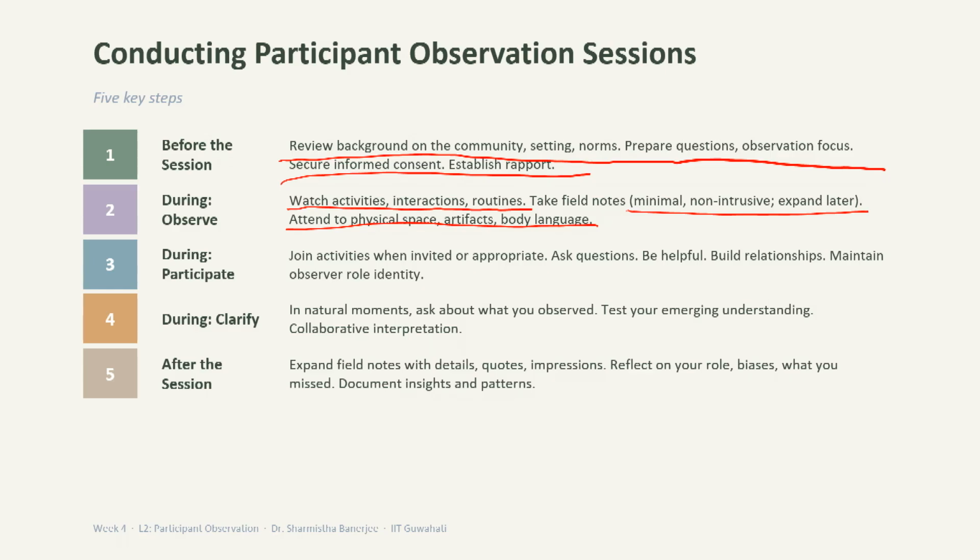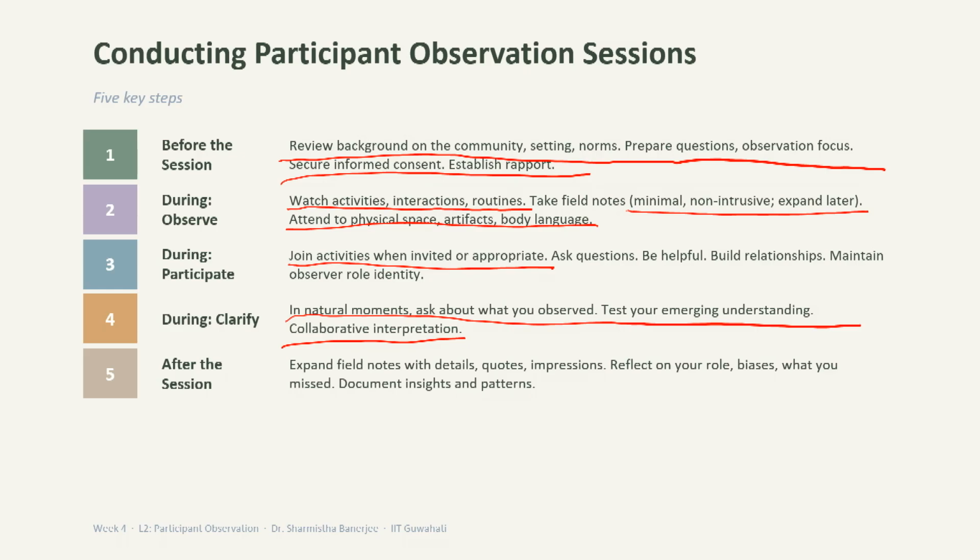During the participation process, join activities when invited or appropriate, ask questions, be helpful, build relationships, and maintain your observer role identity. During this process, you can also ask clarifying questions in natural moments. Ask about what you observe, test your emerging understanding, and do collaborative interpretation. It should not be just the interpretation of the researcher.